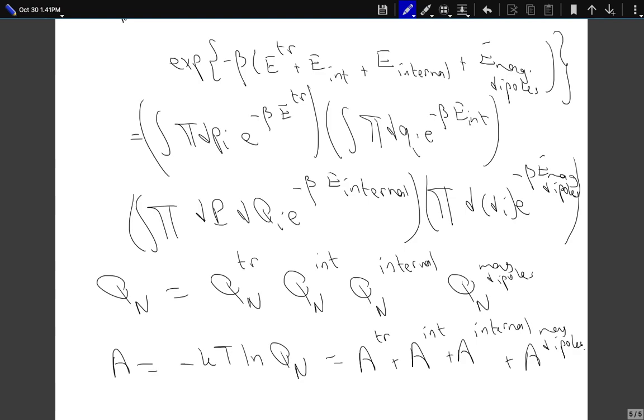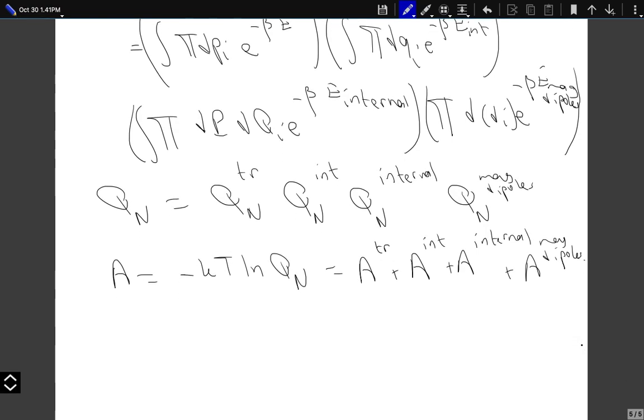Now the question is, what are you interested in? If you are interested in obtaining the free energy of the whole system, this is what you should calculate. But in the example in the book, we are interested in the magnetization of the system. Well, how do we define the magnetization? This is essentially the derivative of the free energy with respect to the external magnetic field.